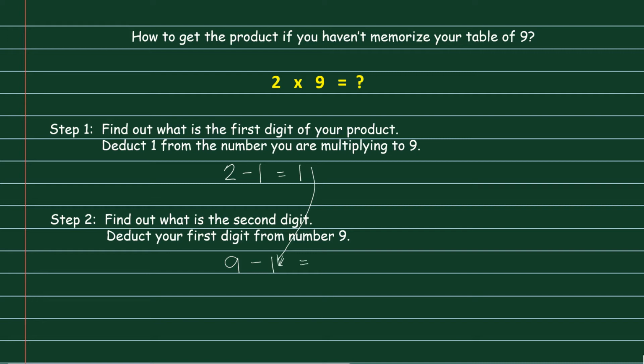So 9 minus 1, we have 8. Okay, this one now is our second digit. So let's put this one first digit. Okay, and this one is our second digit. Okay, so we have two numbers na.